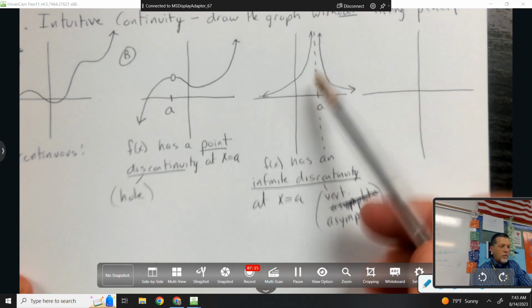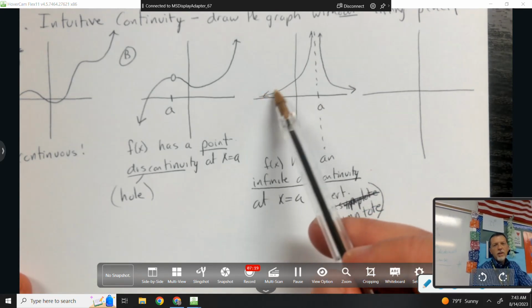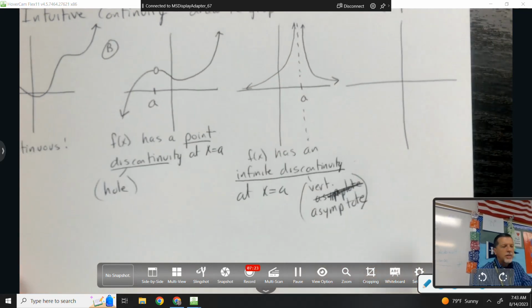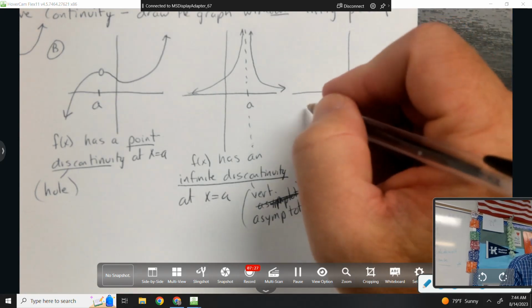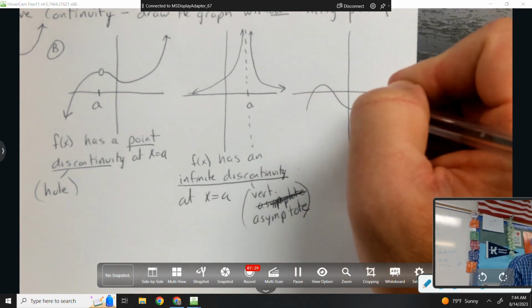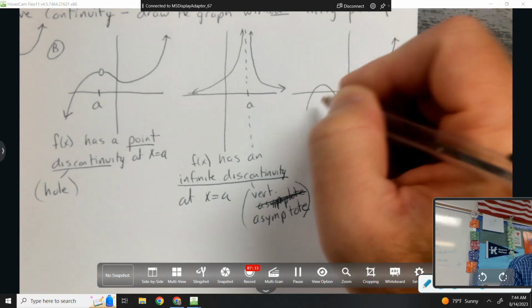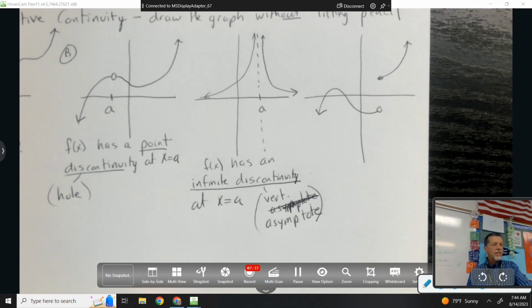So if we're asked a calculus question about x equals -3, well, that's fine. It is continuous there. So be careful about continuity. Lastly is a jump discontinuity. Something like that.